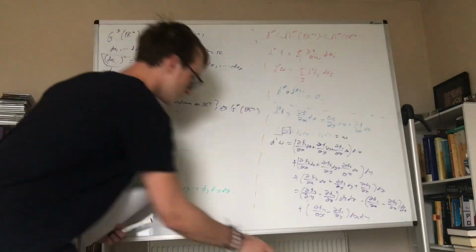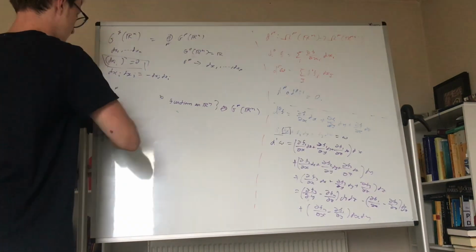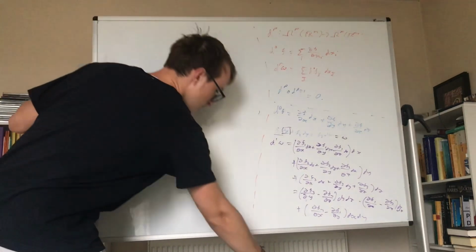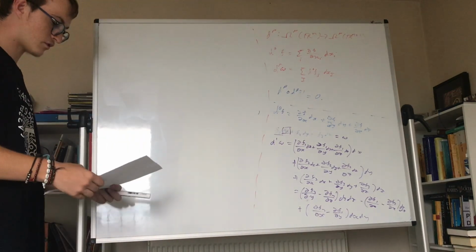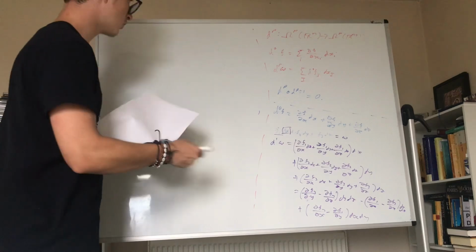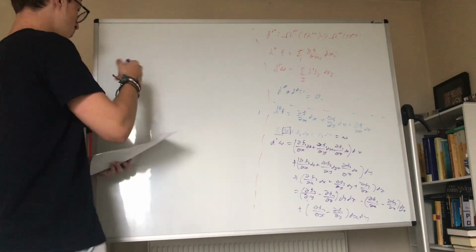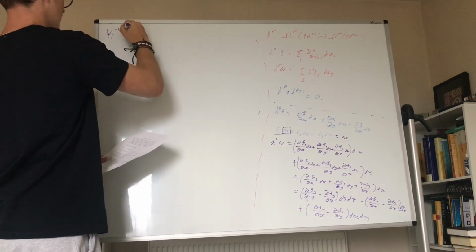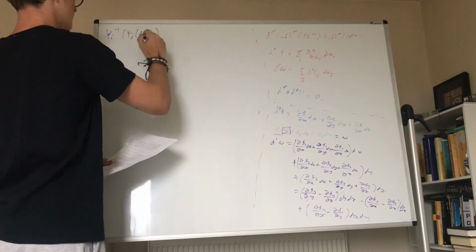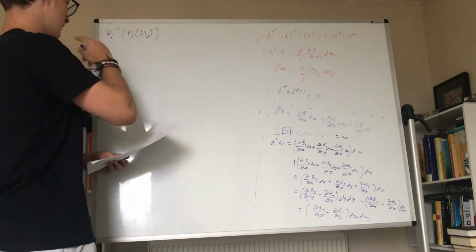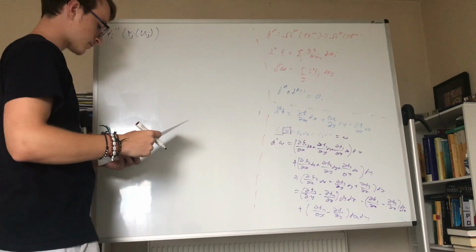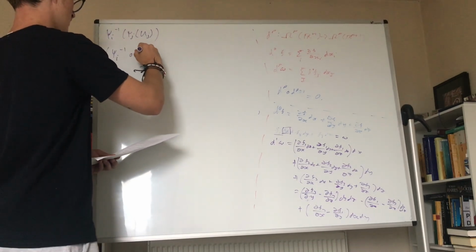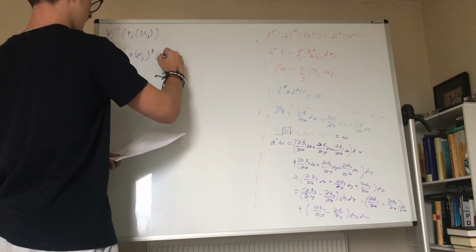So we say that for all elements in psi i inverse of psi j of uj, we also require that psi i inverse composed with psi j pulls back fi to equal fj.